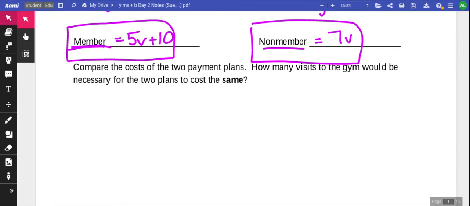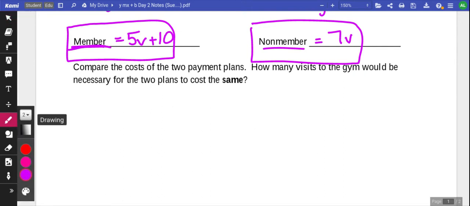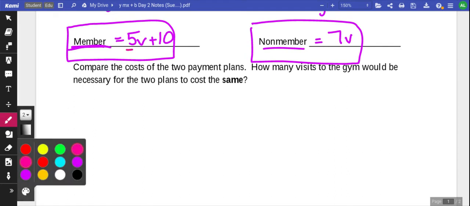Okay, so when it says this, it means I need to take these 2 expressions, the 5V plus 10 and the 7V. Okay, this part over here, not the part that says member or non-member, but this part where I'm actually multiplying it together. And I need to make them equal to each other.